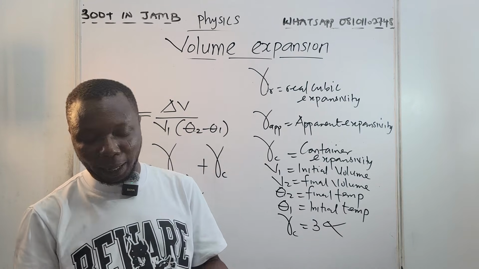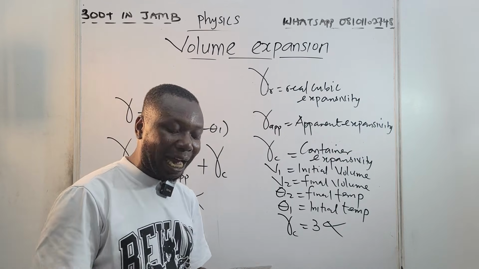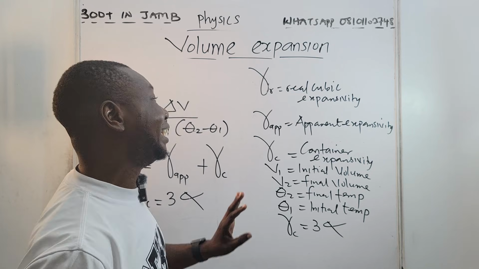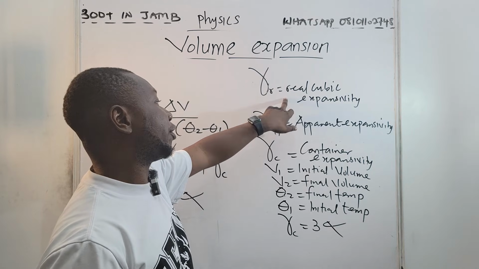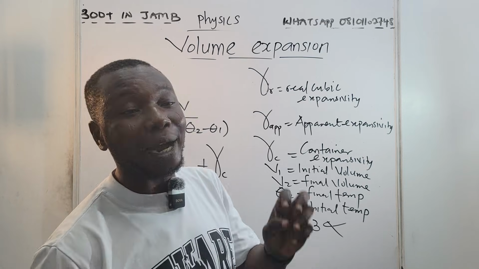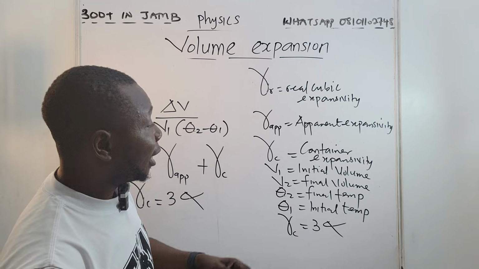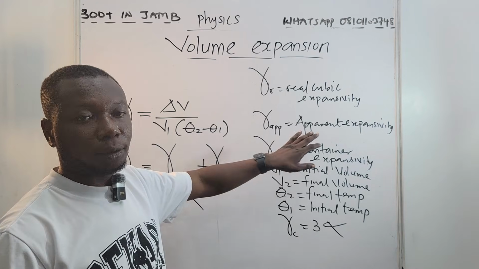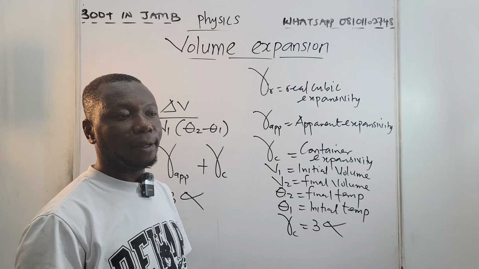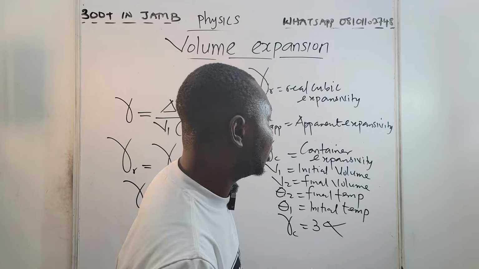Now the real expansion is the actual increase in volume of a liquid when heated. So this real cubic expansivity is the actual increase in volume of a liquid when heated. When you talk about the apparent expansion, the apparent expansion is what you observe during the expansion.